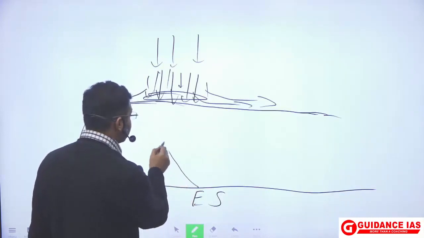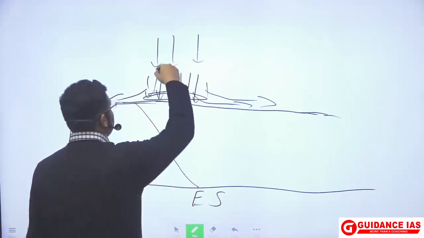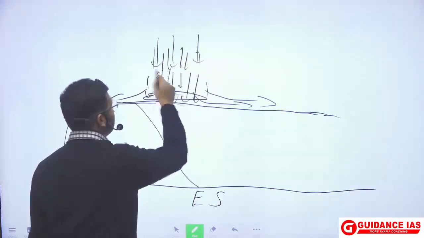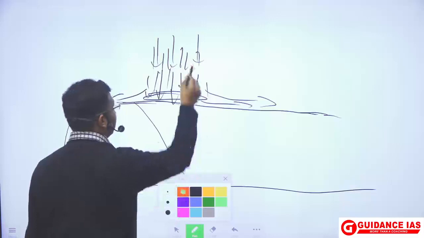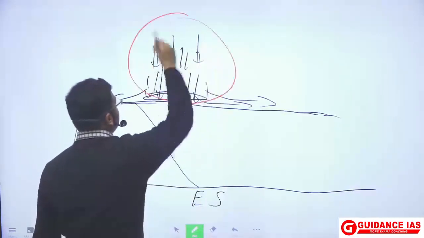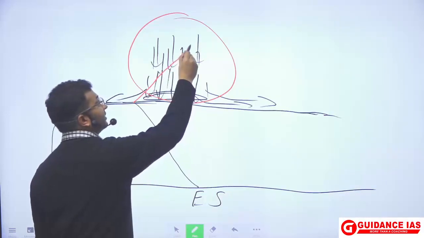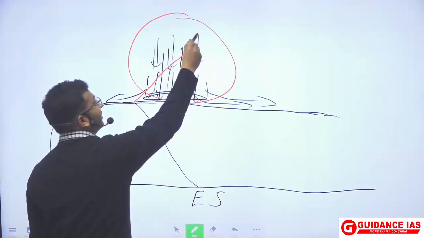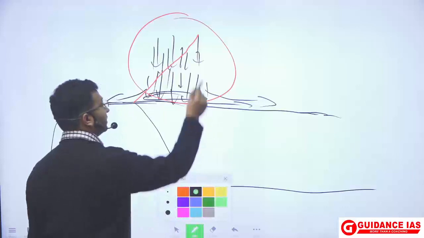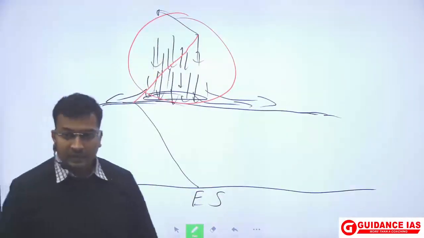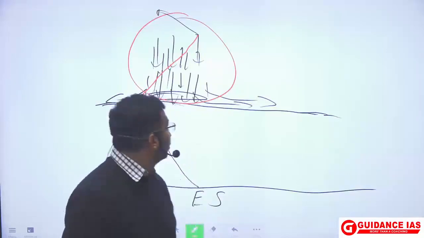Initially, from the ground surface, the temperature goes on increasing, but as there is heating in this region, the temperature will begin to rise up to a certain height, and again it goes on decreasing in the troposphere.